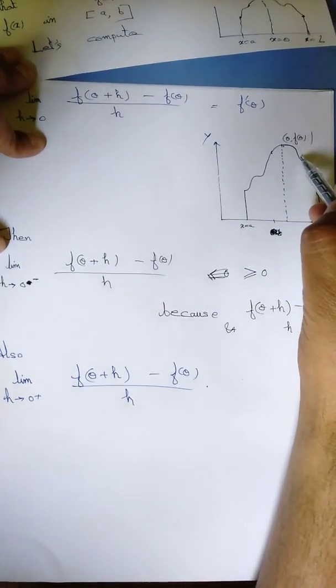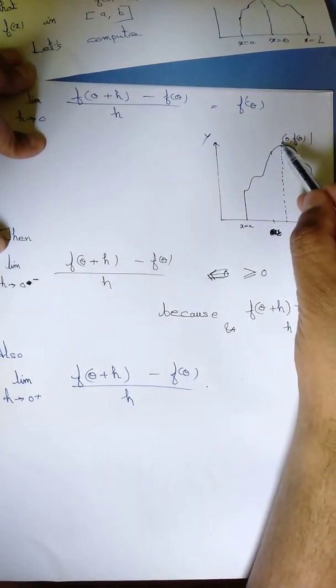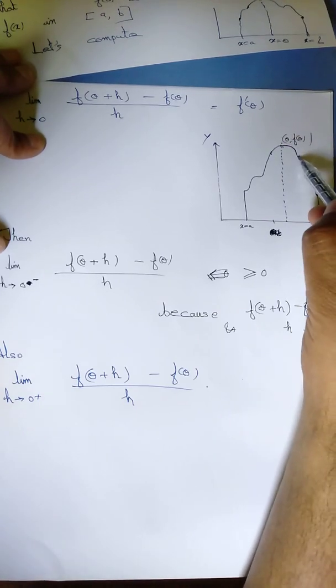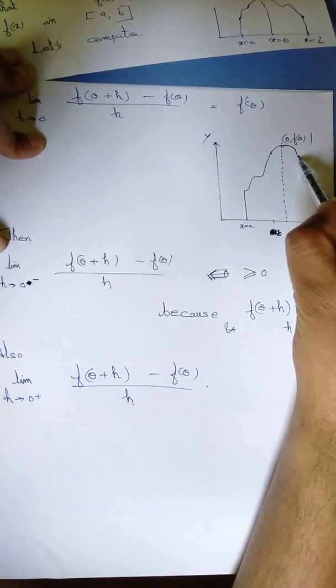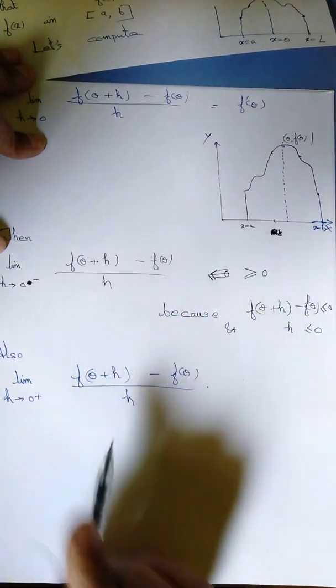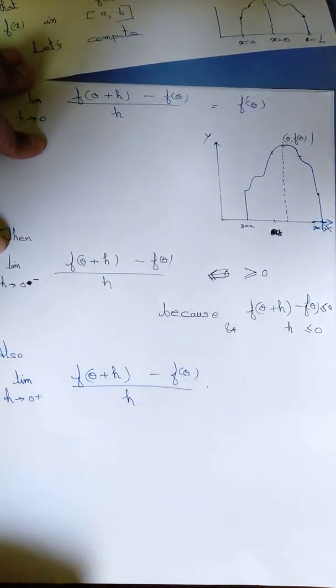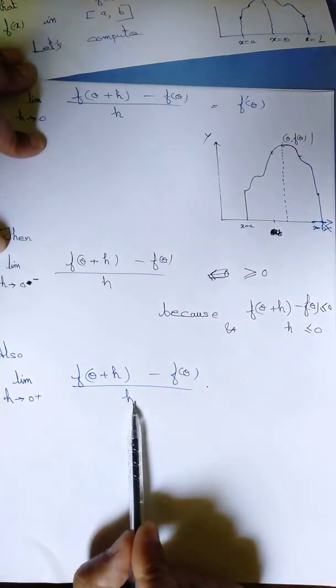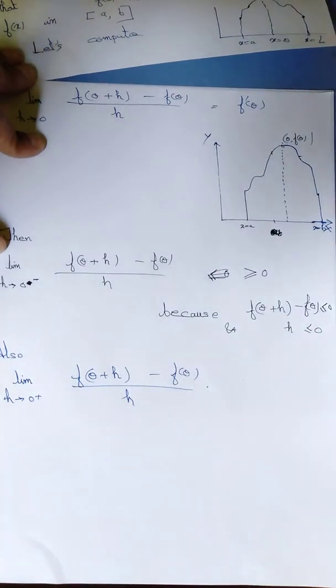If you move from the right hand side, again f theta is of greater value than f theta plus h, so the numerator is negative, the denominator is positive.